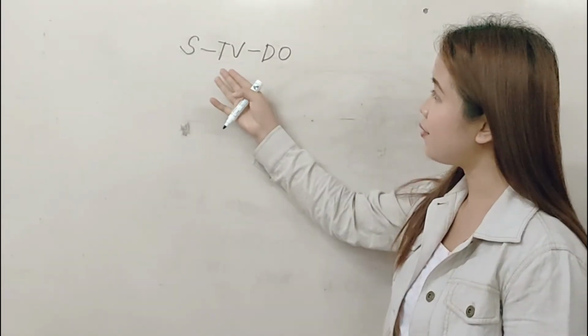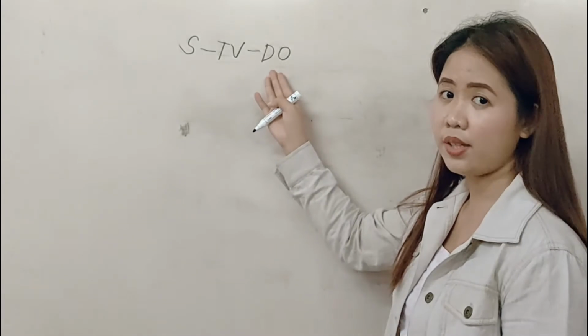Now, if in the sentence makita nyo yung mga linking verbs, tasted, seemed, appeared, became, which showed an action, we will now have the second sentence pattern, the STV-DO pattern.